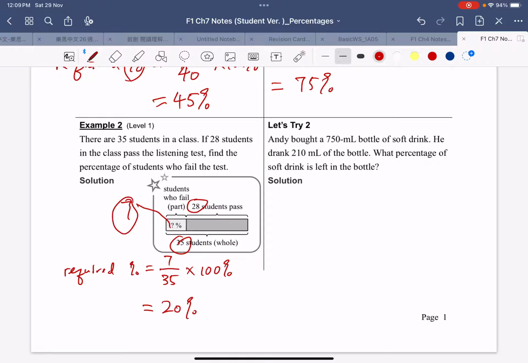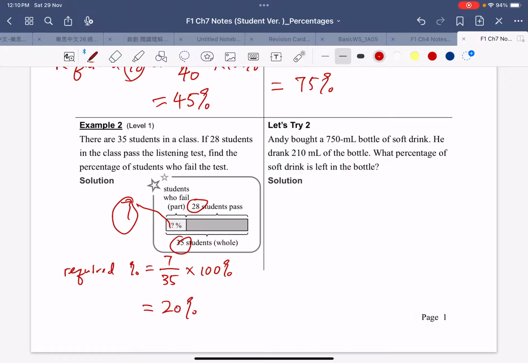Now pause and then let's try 2 together. So Andy drank 210 ml from a 750 ml bottle. Okay, we need the percentage left.